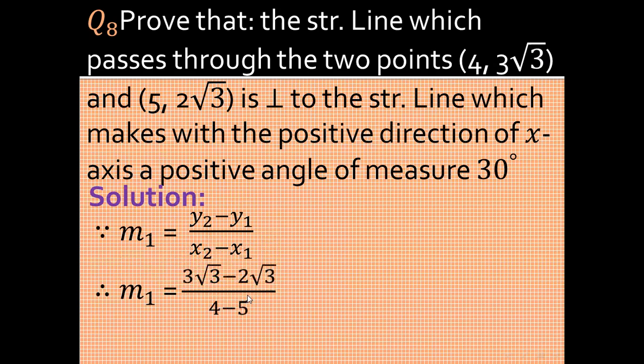So it's going to be (3 root 3 minus 2 root 3) over (4 minus 5). 3 root 3 minus 2 root 3 equals root 3, over 4 minus 5 equals -1. So it's going to be -root 3, because root 3 over -1 equals -root 3.